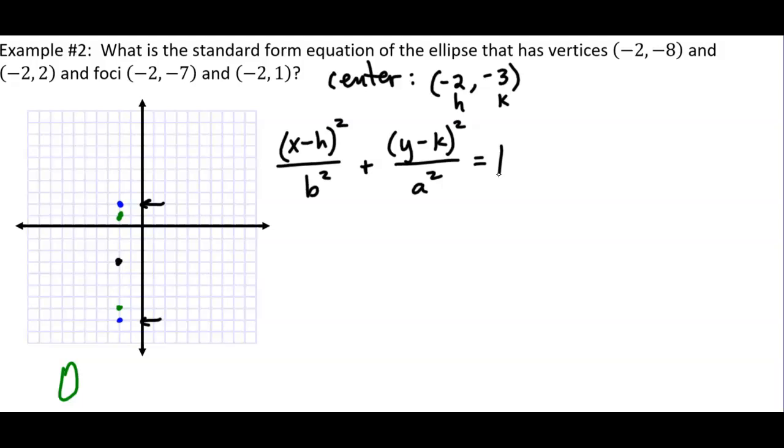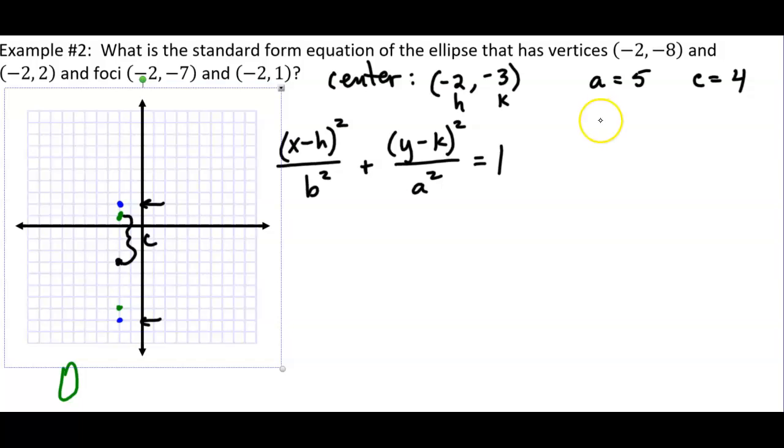Do we know the distance from the center to a vertex? Yeah, we know a is 5. We don't know what b is, but we do know what c is. c is the distance from the center, so it's this distance here. And so that's going to be, you can just count it out, 1, 2, 3, 4, so c is 4.